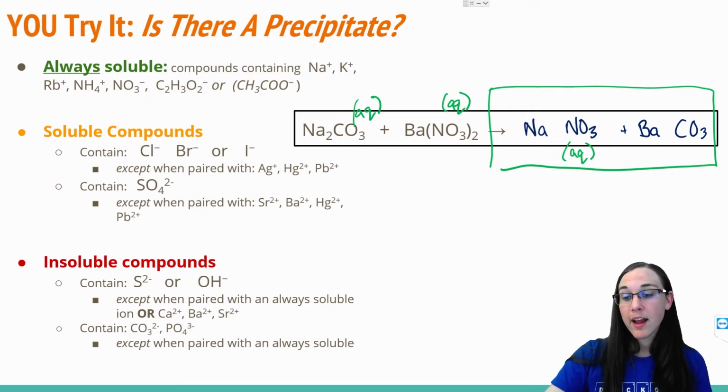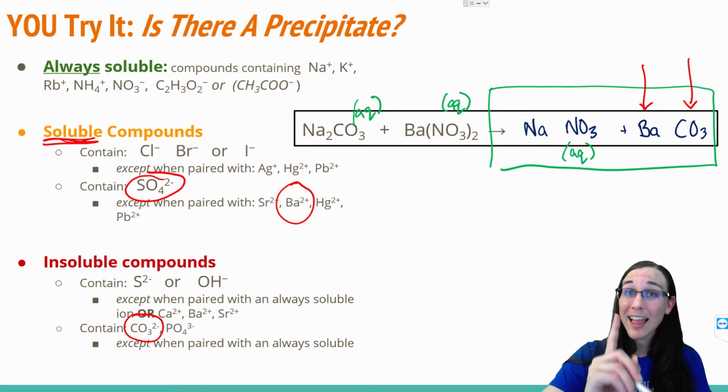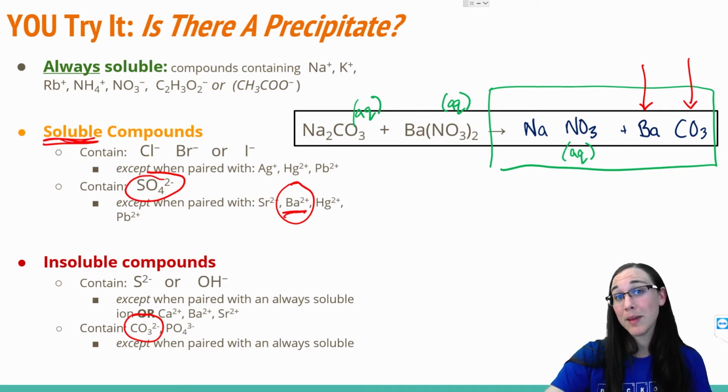Let's see if we can find either barium or carbonate anywhere in our solubility rules list. I see barium here, and I see carbonate here. We see that the barium would be insoluble if it were paired with sulfate. Remember, sulfate is soluble unless it is paired with barium. Then that would make it insoluble. In this case, it's not paired with sulfate, so that doesn't help us much.